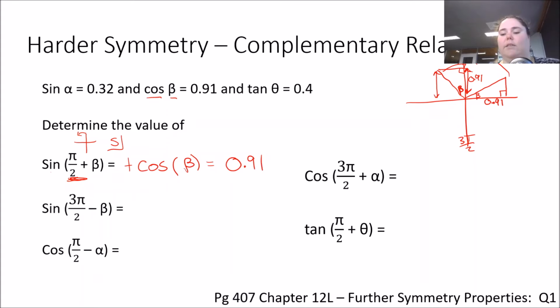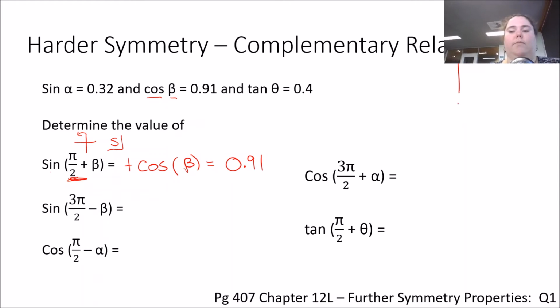Alright, this is the one that takes a bit to get in your head, so let's go again. Here are my axes, 3 pi on 2. Because I'm going from 3 pi on 2, because it's an on 2, I know my answer is going to switch from a sine to a cos. Then 3 pi on 2 minus beta.